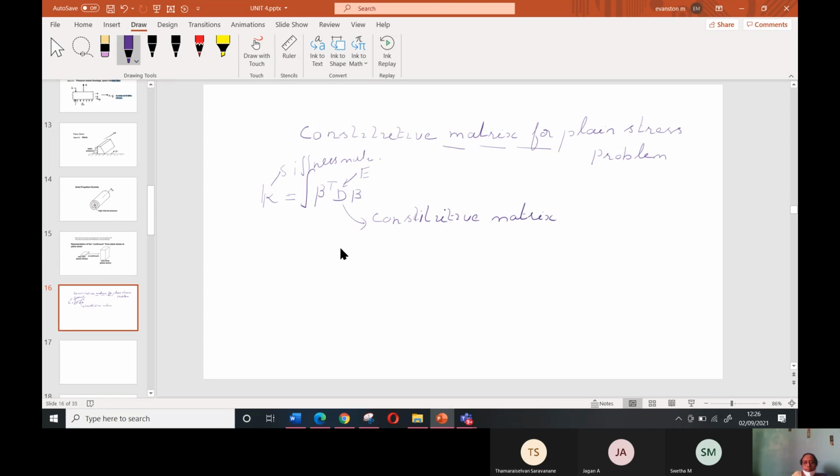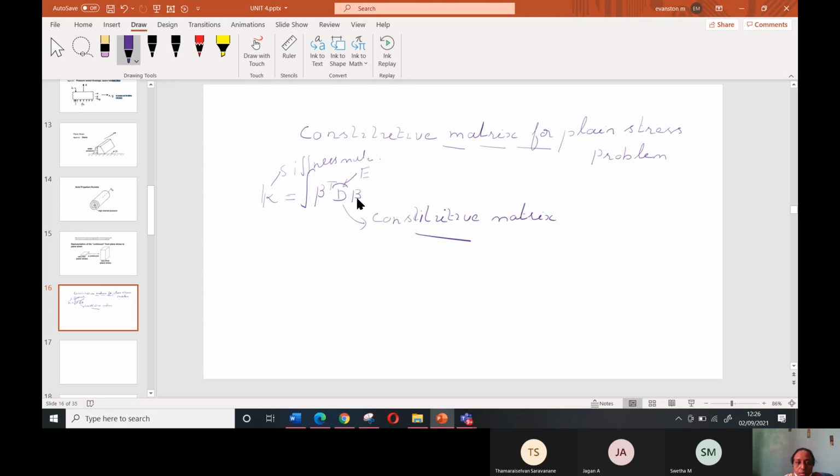So we are going to derive this constitutive matrix for the plane stress problem, and if time permits, we'll do it for the plane strain problem also. Then only we can complete yesterday's problem. That is, yesterday we have seen how to formulate the beta matrix for the constant strain problem.